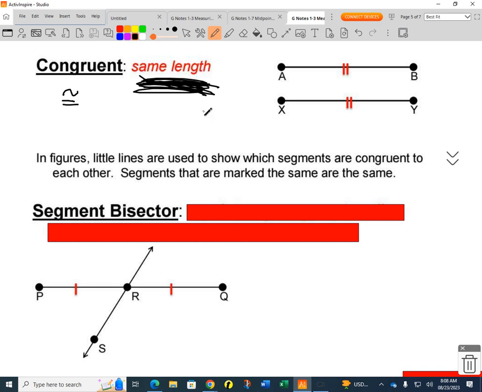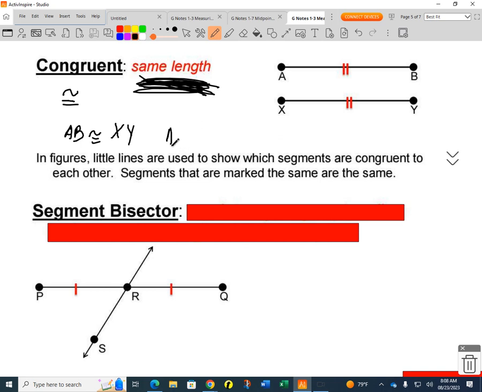So these segments, AB and XY, both have 2 little marks. We don't know how long the segments are, but AB has 2 little dashes, or hashes, or marks, or lines, whatever you want to call them, and XY has 2 of the same little marks. So whatever length it is, they are the same. They are congruent. So we say AB is congruent to XY.